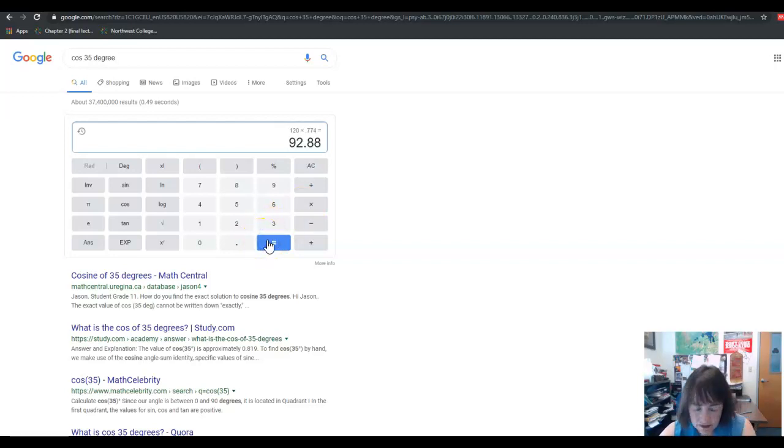And that value is 92.88, which is 92.9, more or less. And finally, I have 150 times the sine of 35, which is 0.573, and that's 85.95.